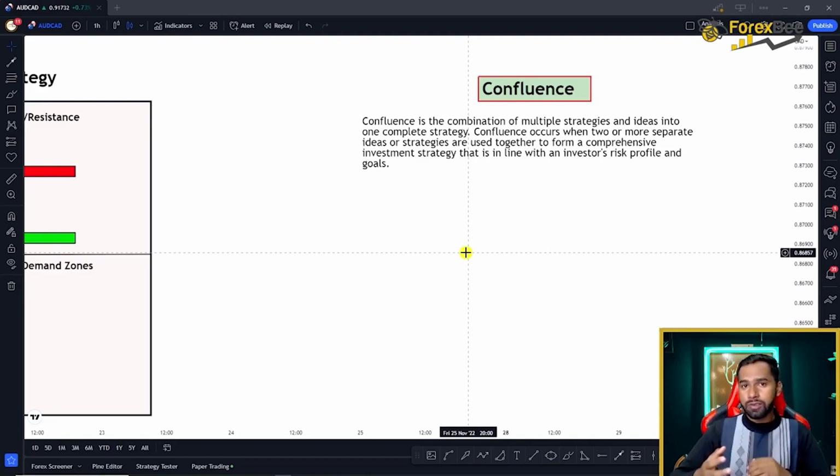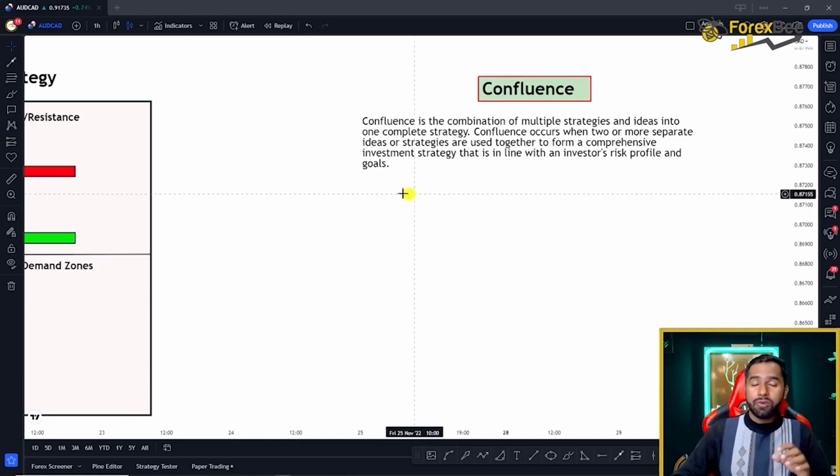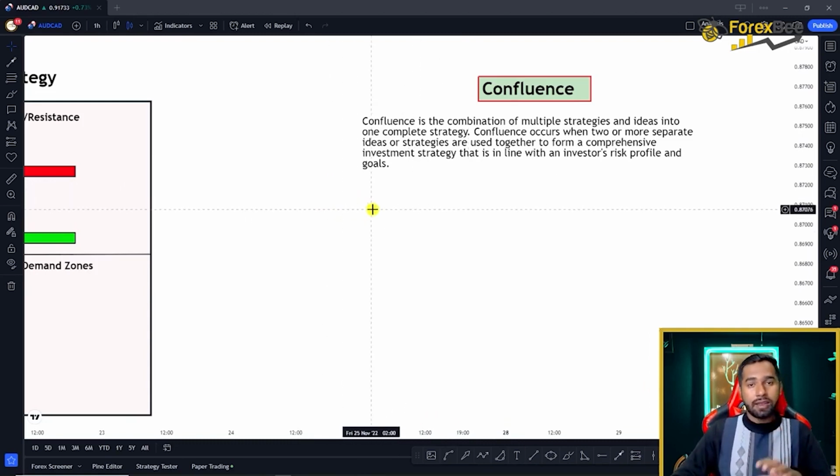So what you do is you take into consideration the formation of candlestick patterns. When you combine these two analyses, the strategy that comes out will be much better than trading either candlestick patterns alone or the RSI alone. So this is how you combine multiple analyses and strategies to form a single strategy.